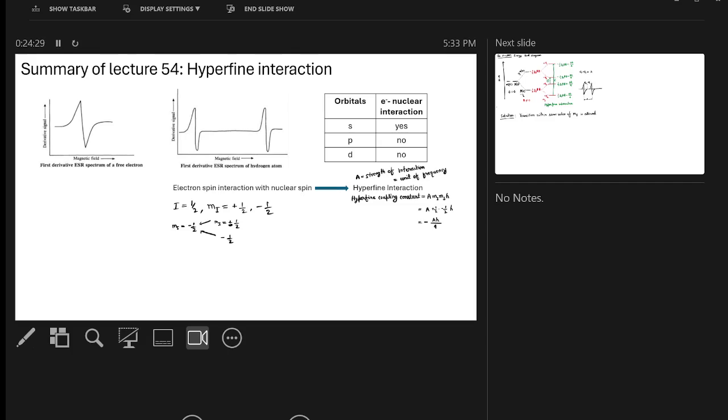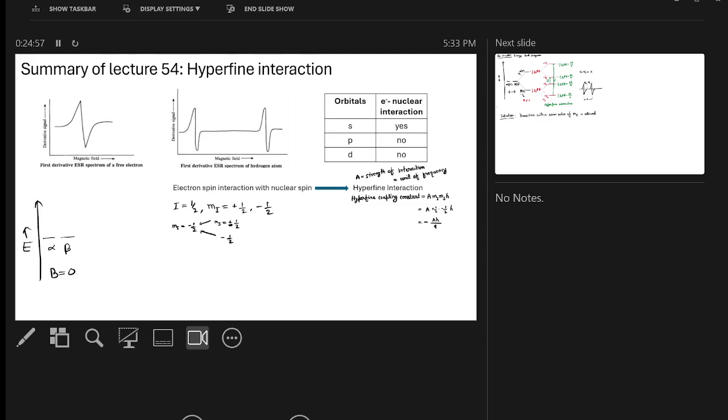So let's consider the free electron EPR. For that you will get one single peak, because there is only one energy level. If I draw it, there are two spins, alpha and beta. Both are degenerate in the absence of any magnetic field.